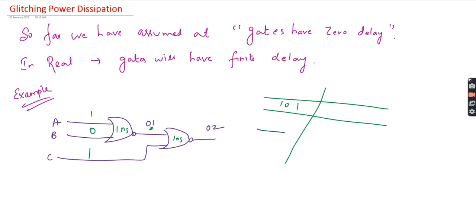This will be 0 for some period of time because of the delay. Then the input will be 0 only, but you need to think it will stay 0 till here, since the output only changes after 1 nanosecond.